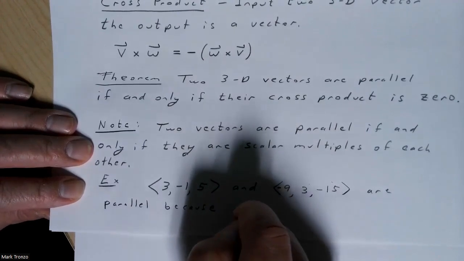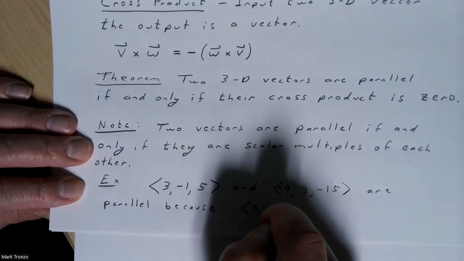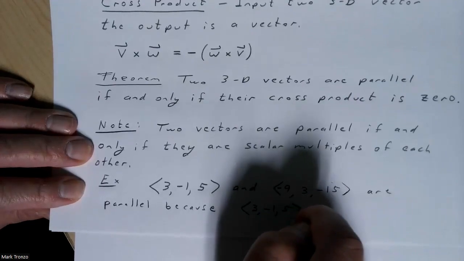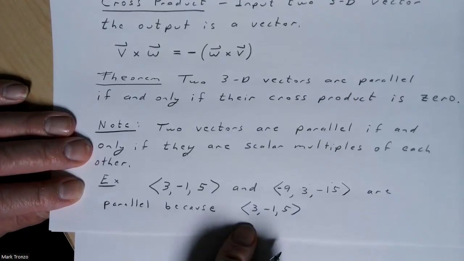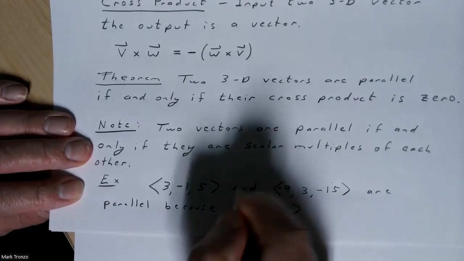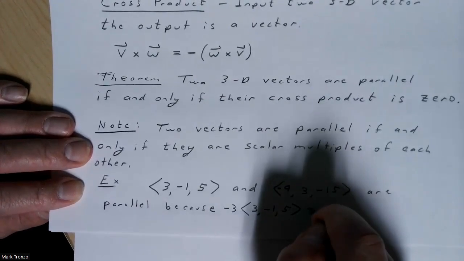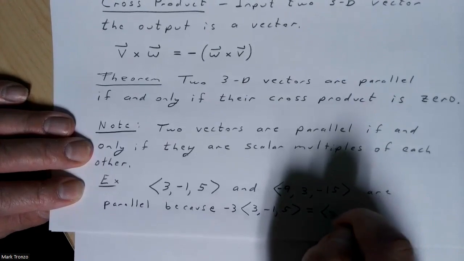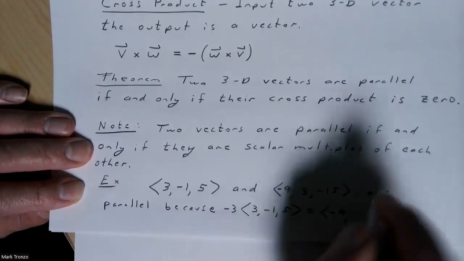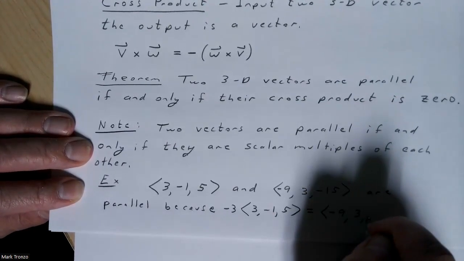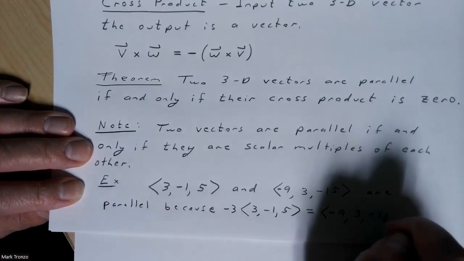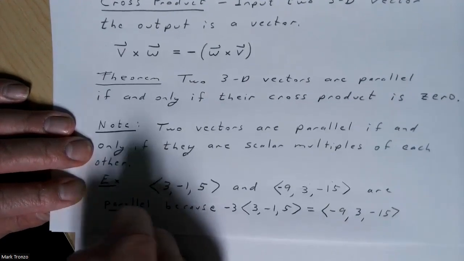We can tell they're parallel because if you take the original one here and multiply by something, we can get this one. In fact, if you multiply this one by -3, you end up getting -9, 3, -15. So they are parallel.